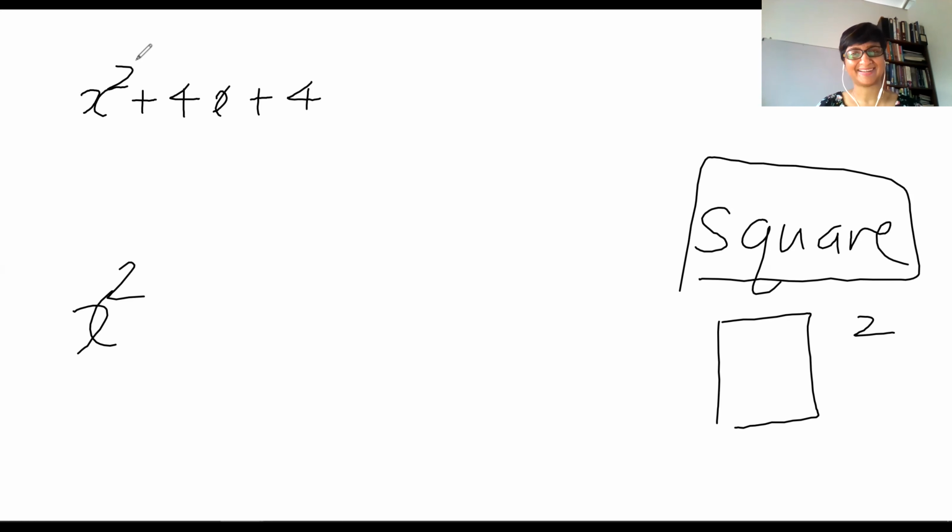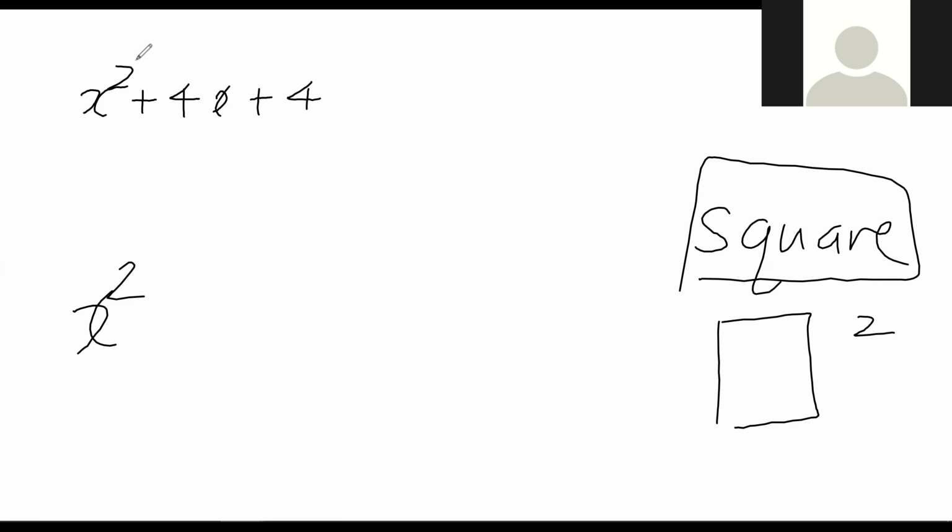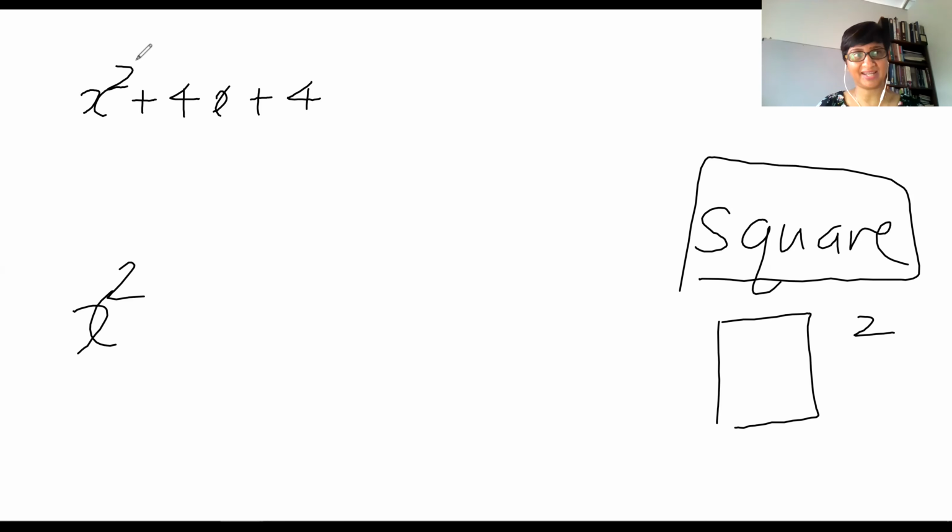Why is that? Because when you find the area of a square, you have to multiply the same number by itself, like 2 into 2 or 4 into 4. Yes, I think what you're saying is what I'm trying to explain.